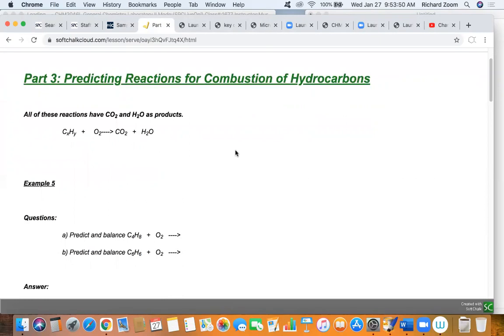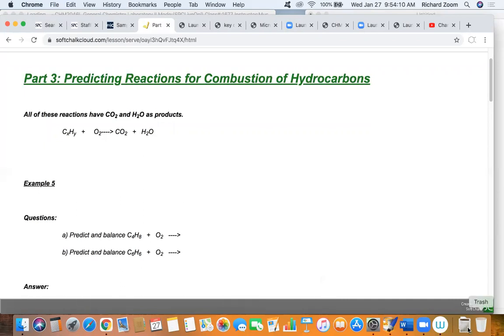The X number can be odd or even. There are going to be things that matter about odds and evens that are going to be helpful to you when you are determining how to balance a hydrocarbon reaction.